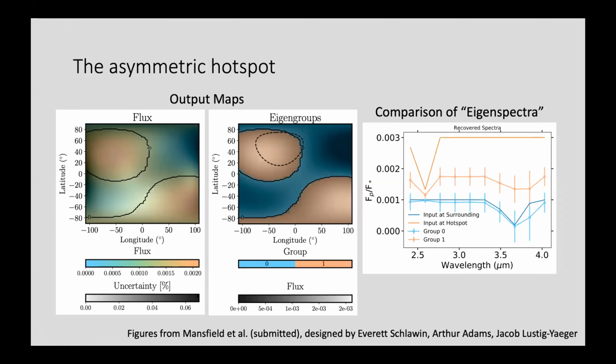But you could still use something like this to then say, okay, we see this weird pattern where one region in this upper corner is warmer, and then maybe you could use some other models to see if a model with a hotspot that was offset in latitude would fit those data well.